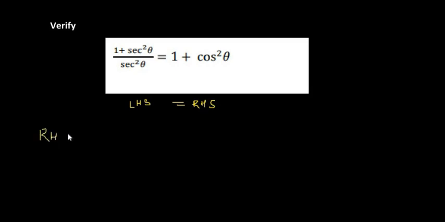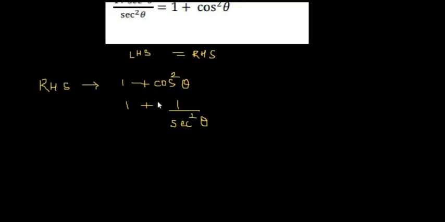So RHS is equal to 1 plus cos square theta. Now cos square and sec square are reciprocal of each other. So what I can do here is write it as 1 plus, in place of cos square, 1 over sec square theta, because they are both reciprocal identities.